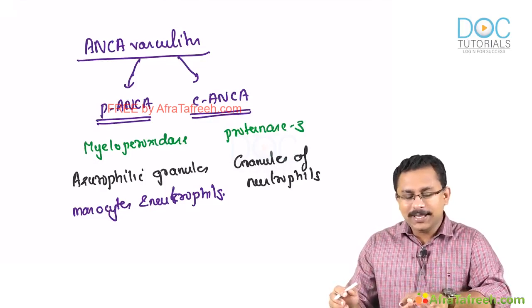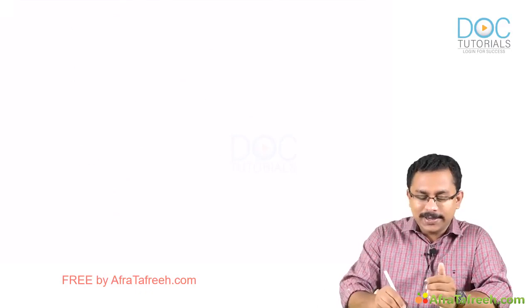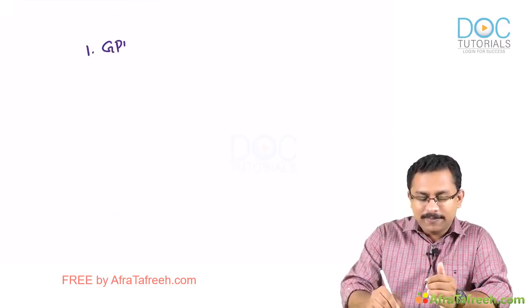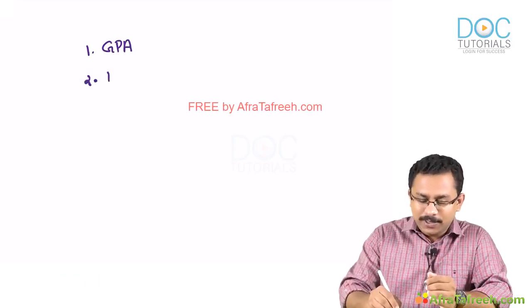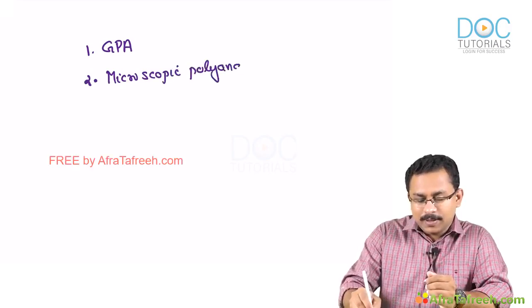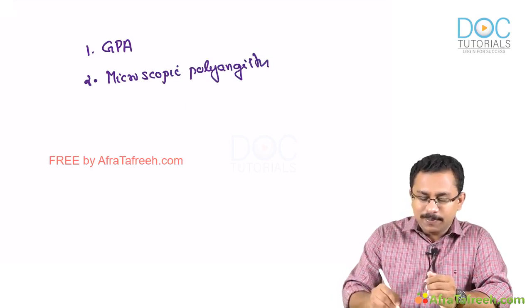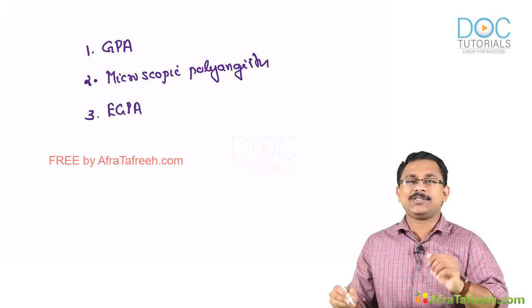And what are the important ANCA associated vasculitis? I told you there are three main ANCA associated vasculitis. You have the GPA, which is your Wegener's granulomatosis. You have the microscopic polyangiitis, also referred to as microscopic PAN, and the third one is the EGPA or your Churg-Strauss vasculitis.